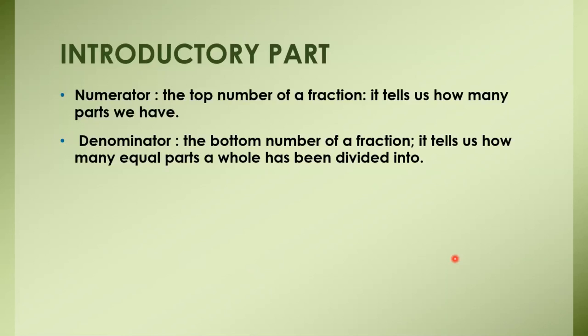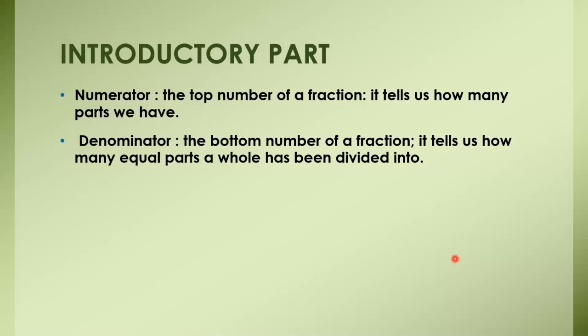Simply, you can define it as the total number of parts. So the denominator conveys the total number of parts in that particular fraction, and the numerator tells you how many parts from the whole you have.